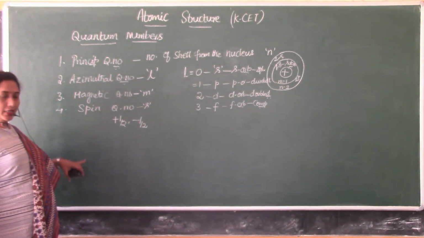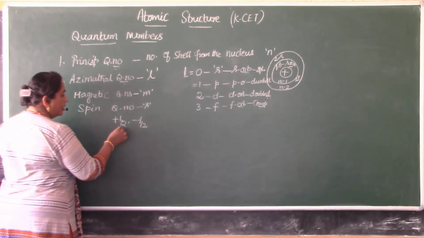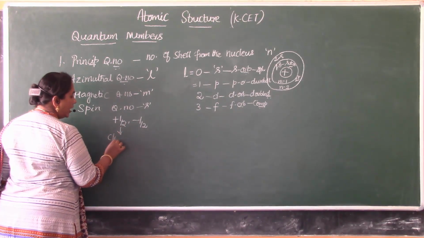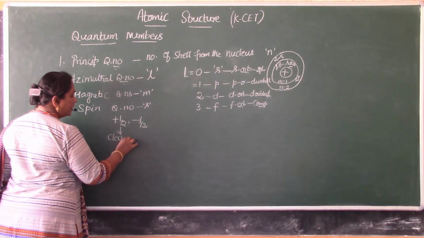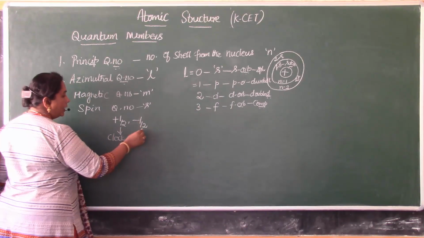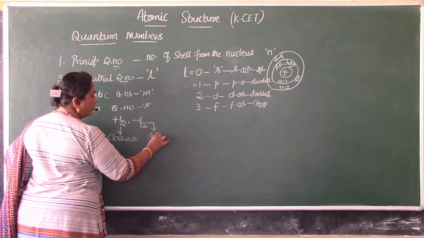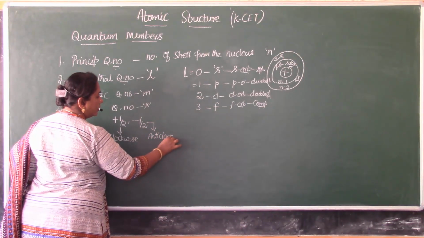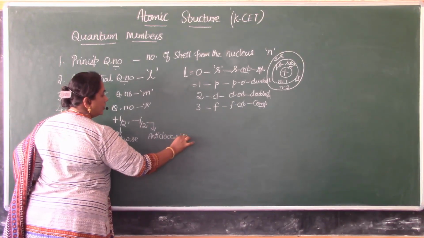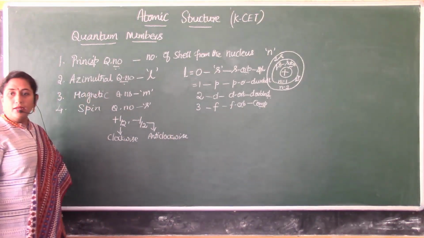Plus half indicates clockwise spinning of the electron in that particular orbital. Minus half indicates anti-clockwise spinning of the electron in that orbital.